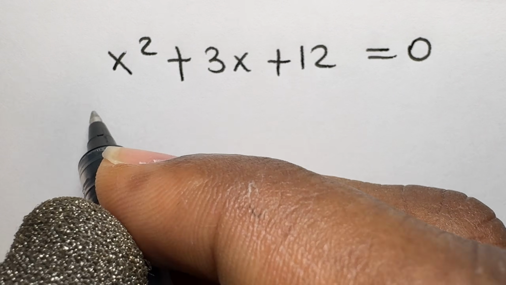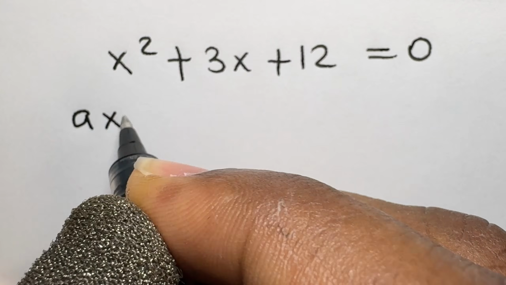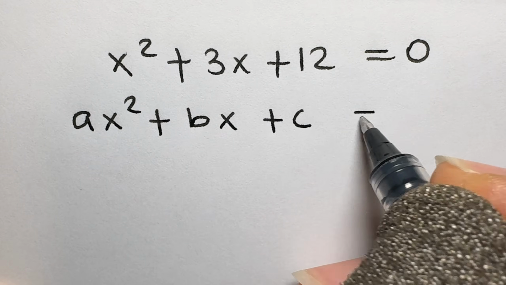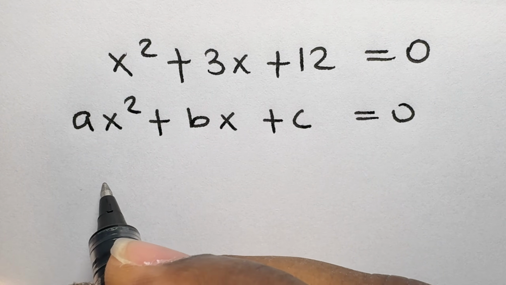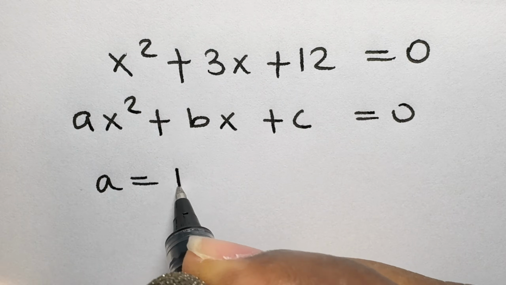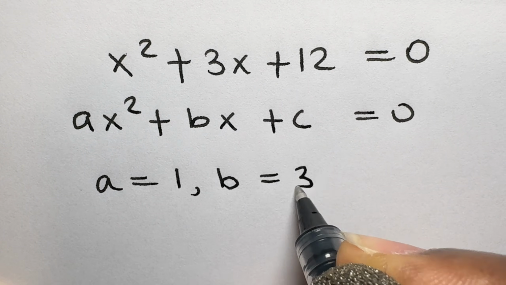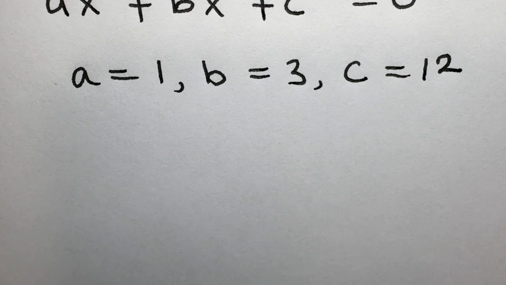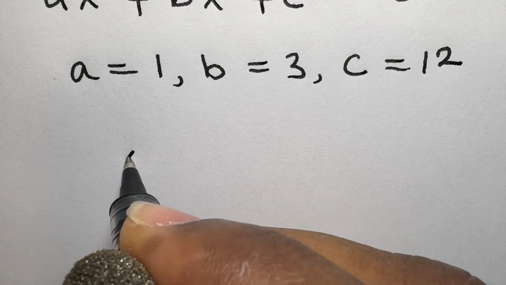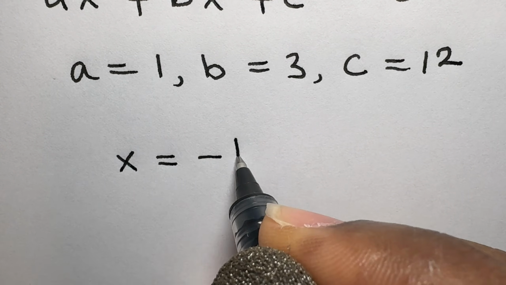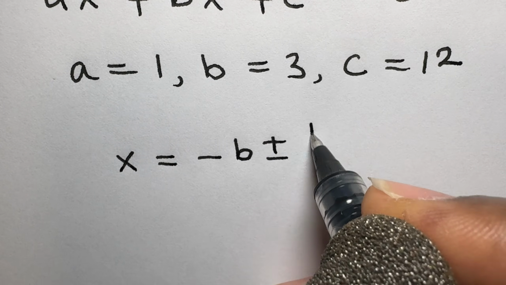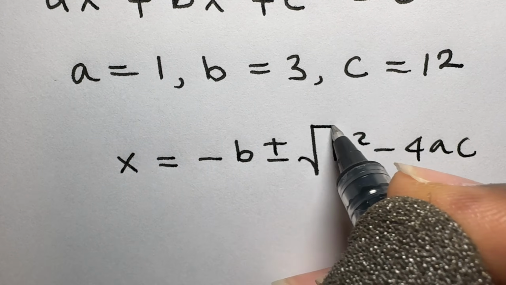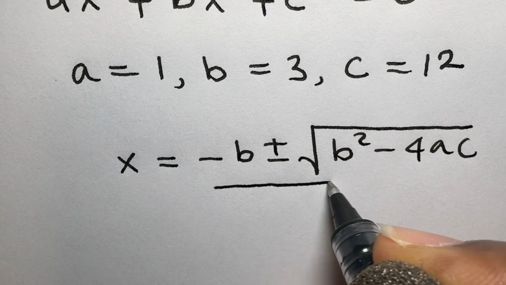Let us compare this equation to the general quadratic equation. Ax squared plus bx plus c is equal to 0. From here you see a is equal to 1, b is 3, and c is 12. Then we use the general quadratic formula. X is equal to minus b plus or minus the square root of b squared minus 4ac, all divided by 2a.